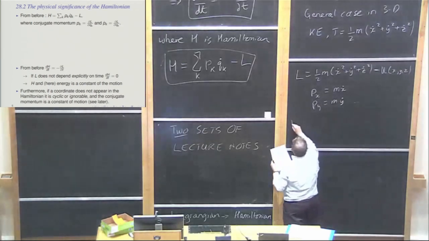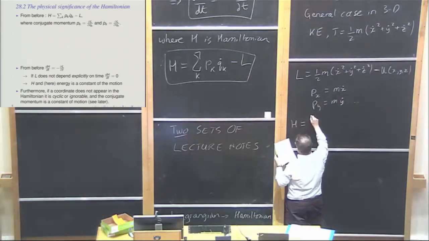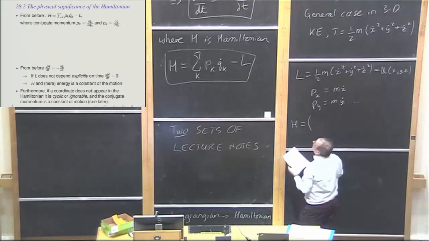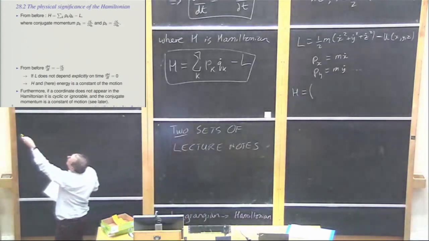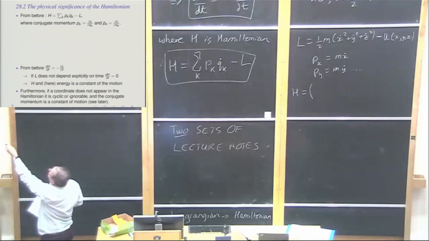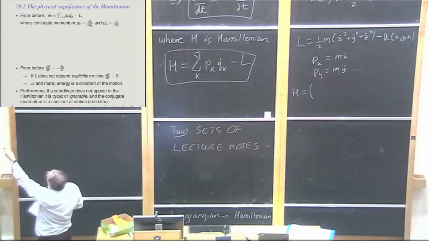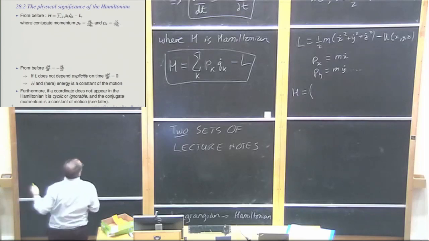And so for the Hamiltonian, I'm going to construct this first term here. I need to multiply the conjugate momentum, that's just the momentum, by the velocity.